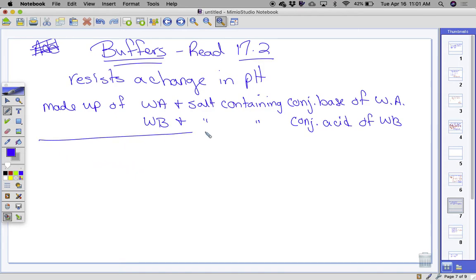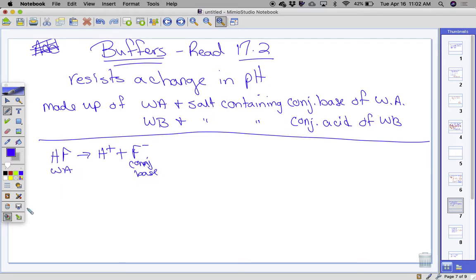All right, so some pairs. Give me a weak acid. HF. All right, what is the conjugate base of that weak acid? What comes off? F minus. So this is the conjugate base of this weak acid.